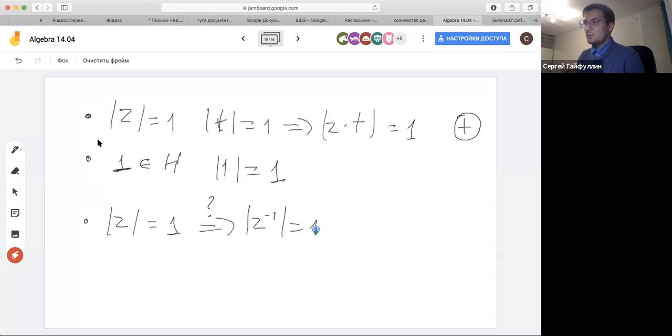Yes, this is correct, because the modulus of the inverse element is 1 divided by the modulus of z. So all the properties are correct. So this is a subgroup, and the fact that this is a normal subgroup is obvious because the whole group is commutative.